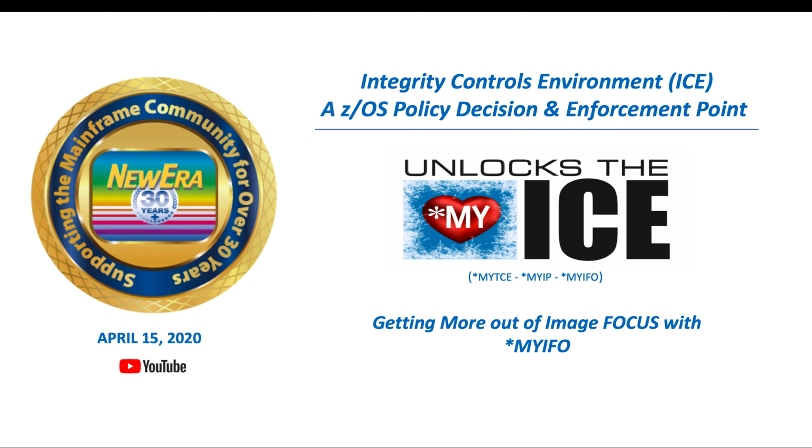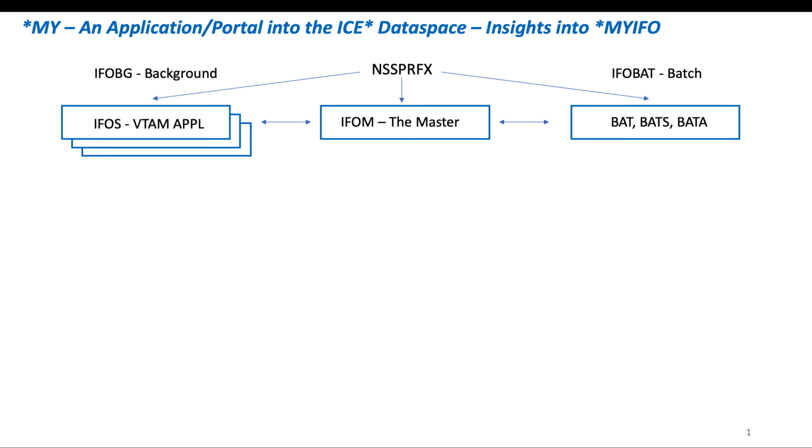By way of orientation, so that you know specifically what this topic is all about, let me just review how image focus performs its functions when it's running in the background or in batch. When it's running in the background, it requires a setup that is accomplished through a set of panels that are accessed through the integrity controls environment, which is a VTAM application that allows you to create a virtual sysplex, and we'll talk more about that in just a moment.